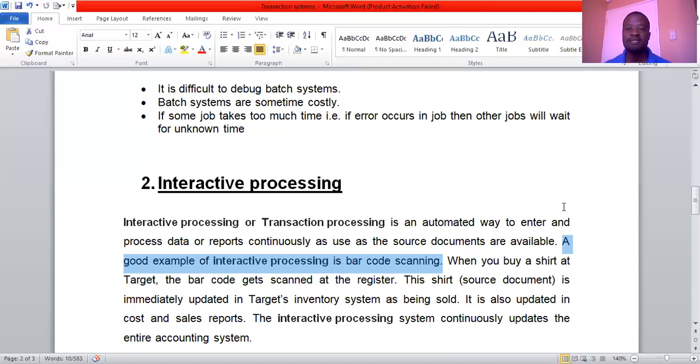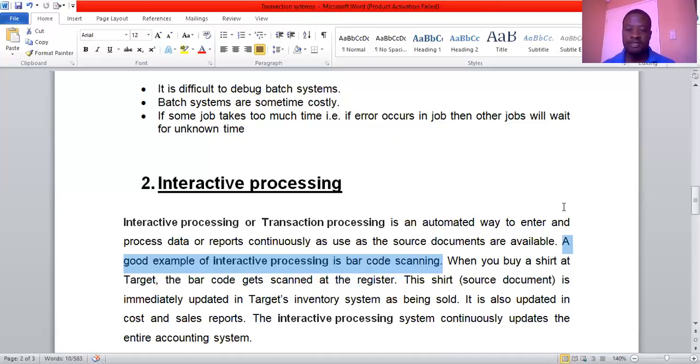The system goes to the database and updates, giving a notification that this item is no longer in stock, somebody bought it. It happens right on the spot.